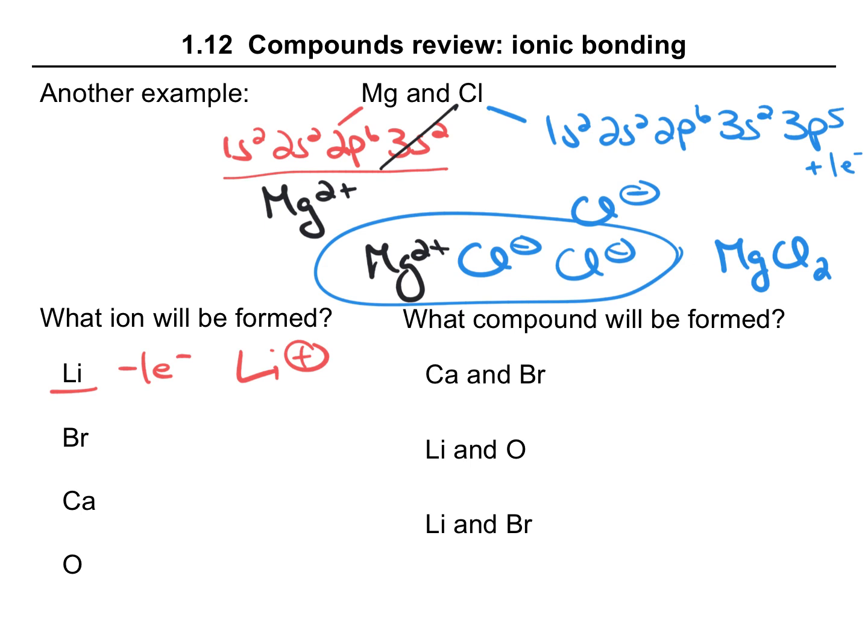Bromine is in group 7, so it wants to gain 1 electron to form Br-. Calcium is in the second column, so it will lose 2 electrons to form calcium 2+, and oxygen can gain 2 electrons to form O2-.